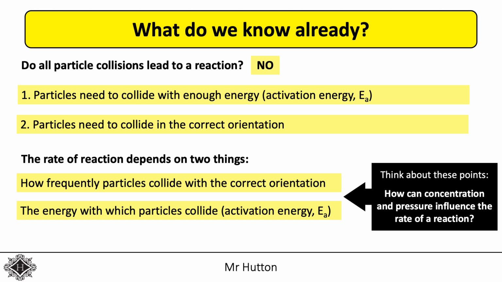We then looked at temperature, where we changed how frequently the particles were colliding again, but also by increasing the temperature, we gave a greater proportion of the particles the activation energy. So we influenced both factors on that one. Today we've got to keep those ideas about the frequency of collisions and the energy with which particles collide in mind when we're looking at concentration and pressure.